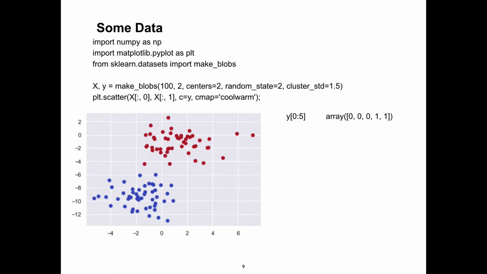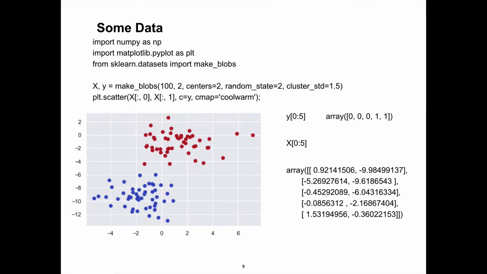Yeah, so the Y vector is just an array of zeros and ones, which group it's in. And then our feature matrix is just a set of coordinates in a 2-dimensional space because there's 2 blobs on 2 dimensions.